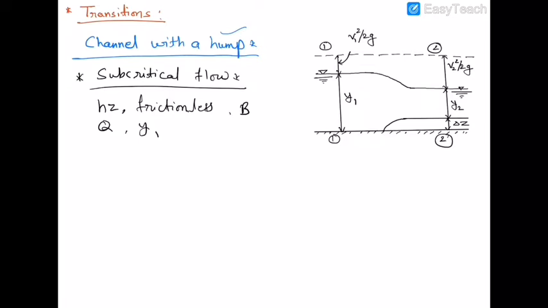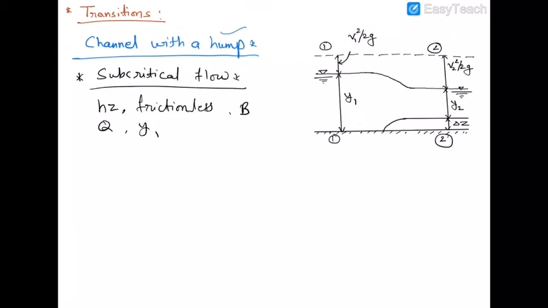At section 2, here in this figure, this is section 2, a smooth hump of height delta Z is built on the floor. Now, what will be the total energy at section 1 and at section 2?